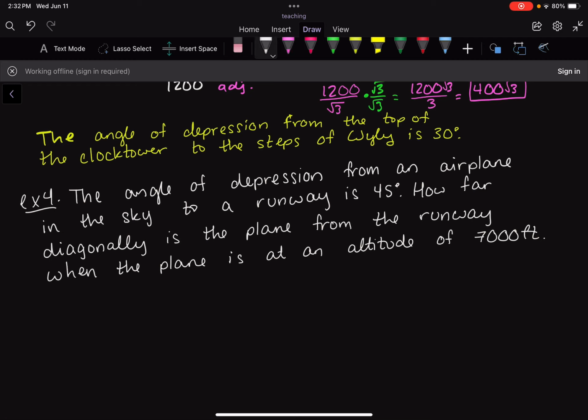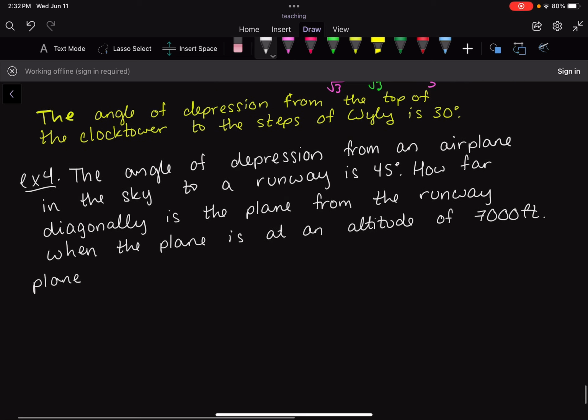So let me go ahead and draw what we have going on. I'm not going to draw a plane because that would probably just be pitiful. I'm just going to write the word plane. So we got a plane flying in the sky, and he's landing onto the runway.